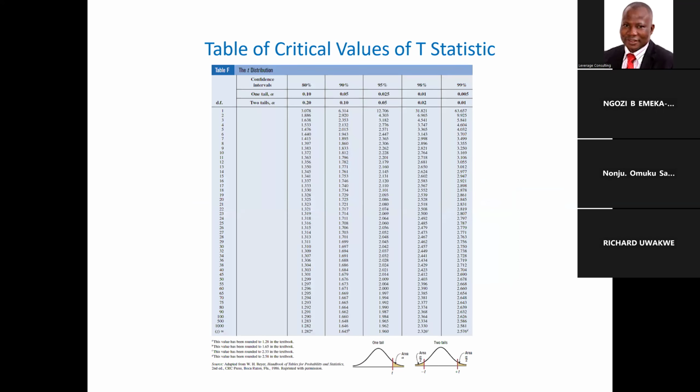If you look under 95%, that's the third to the last column, 95% confidence, 0.05. You look at the degree of freedom of 8. What is the critical value? You see that it's something like 2.306. That's the critical value for T at the degree of freedom of 8.